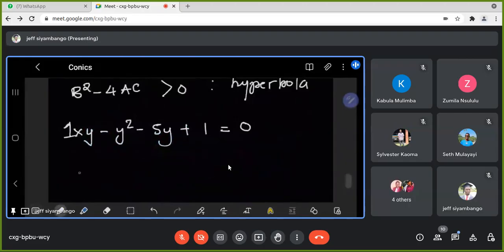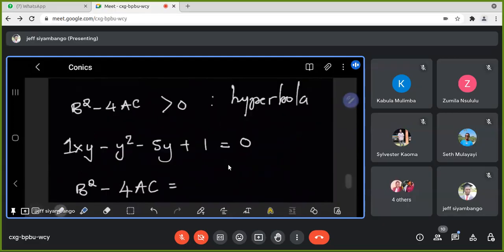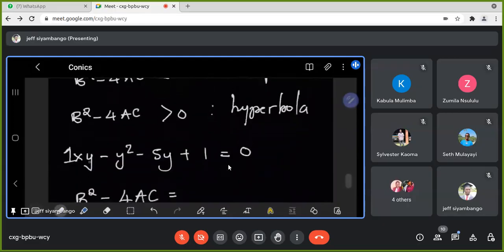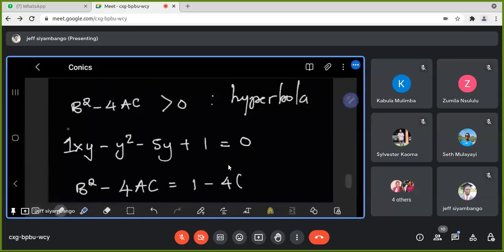Well, let's find the discriminant, given by b squared minus 4ac. In our case, what is our b? Our b here is 1, the coefficient of the cross product. 1 squared is 1, minus 4 times a. What is a? A here is 0, because a is the coefficient of x squared.